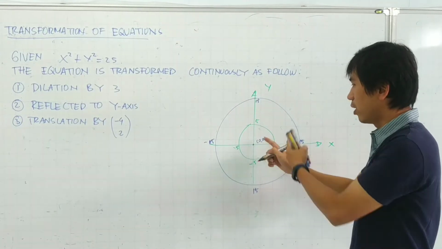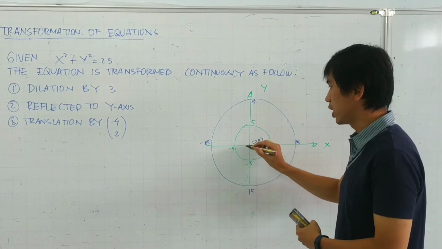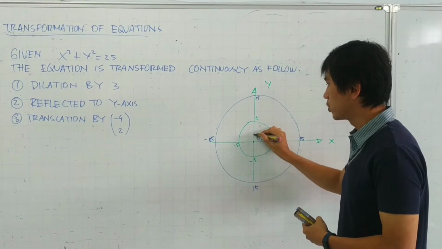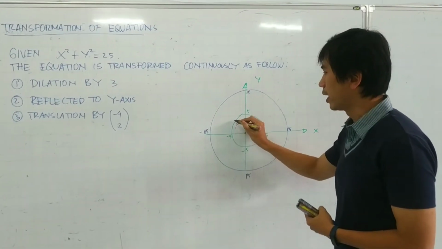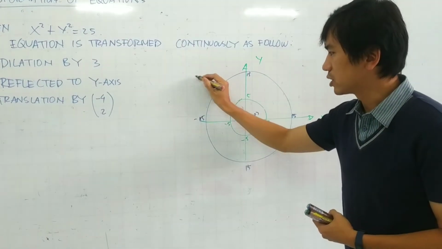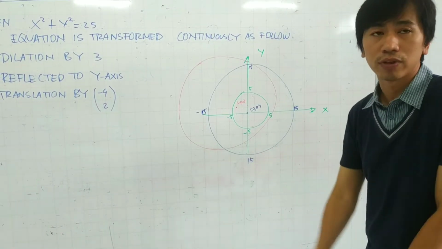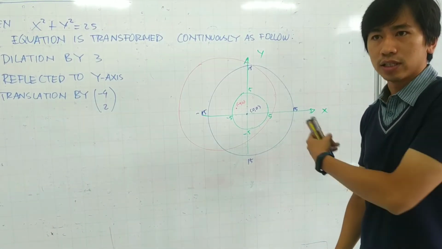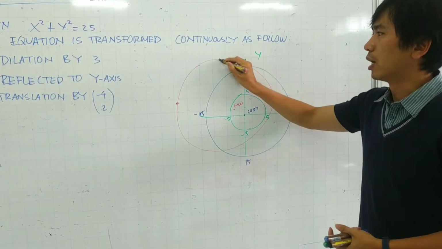So from 0, 0, the center of the circle will change to -4, 2 over here. Yeah, -4, 2, and then you'll get the same radius, right? The same radius, which is 15 units. So then you can find the equation for this one.